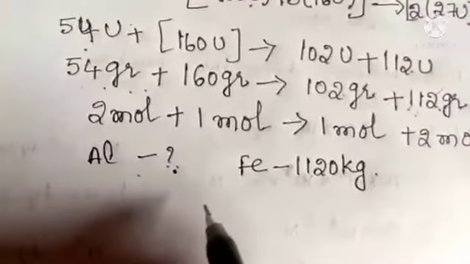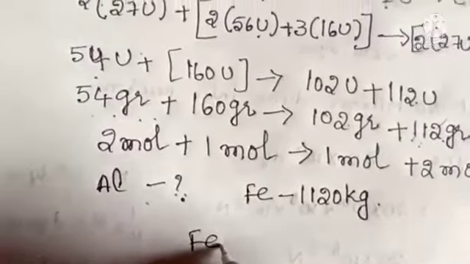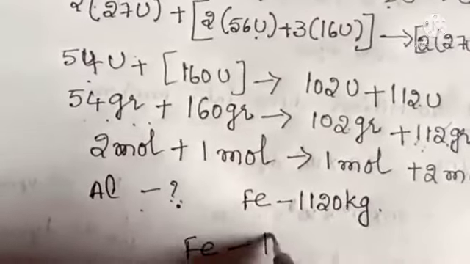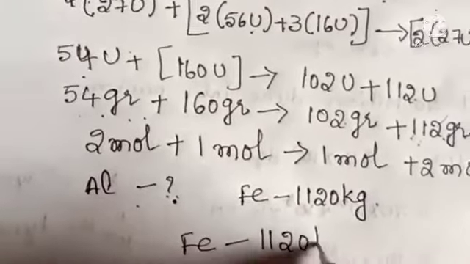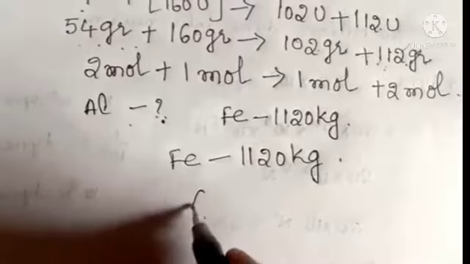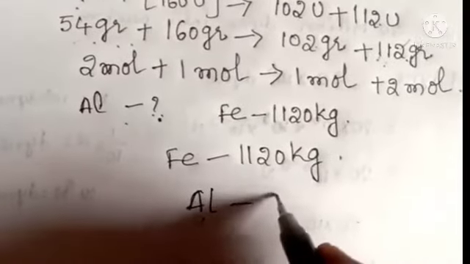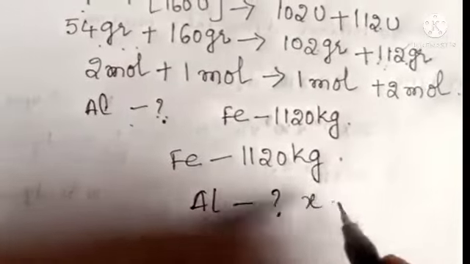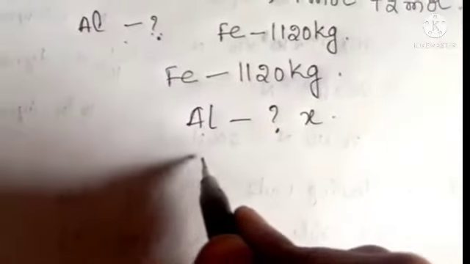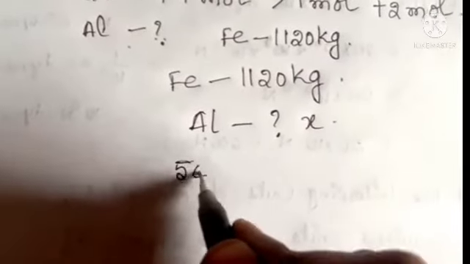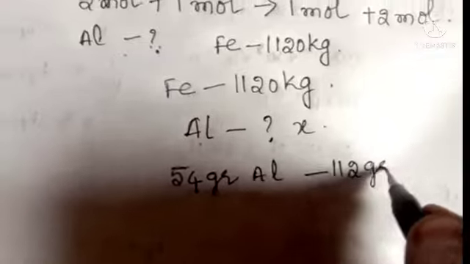The aluminium value we don't know, that is X. In our question, 54 grams of aluminium is required for 112 grams of ferrous.